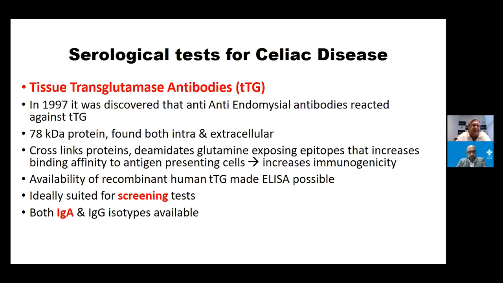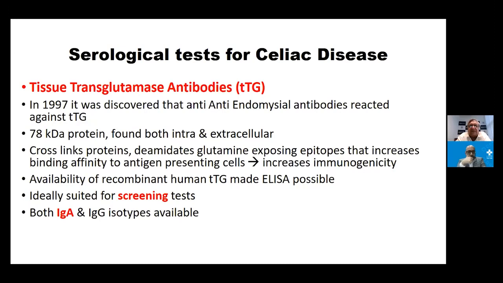TTG is a 78 kilodalton protein found both intra and extracellular. Cross-linked proteins, deamidase glutase exposes epitopes that increases binding affinity to antigen-presenting cells. So it has increased immunogenicity.